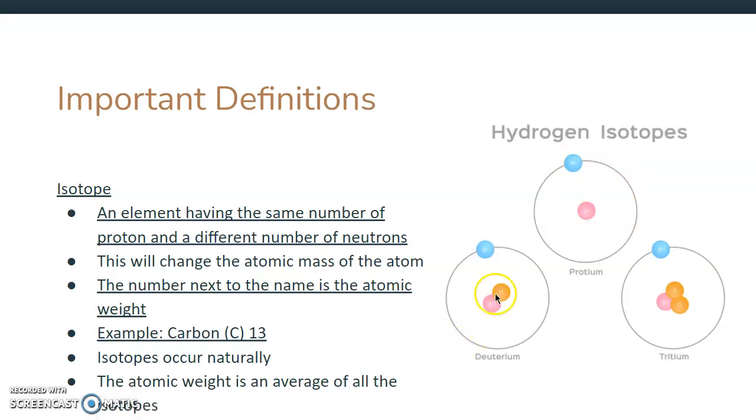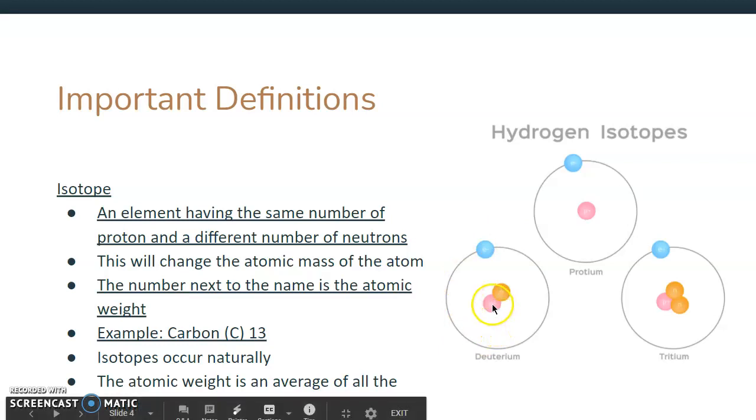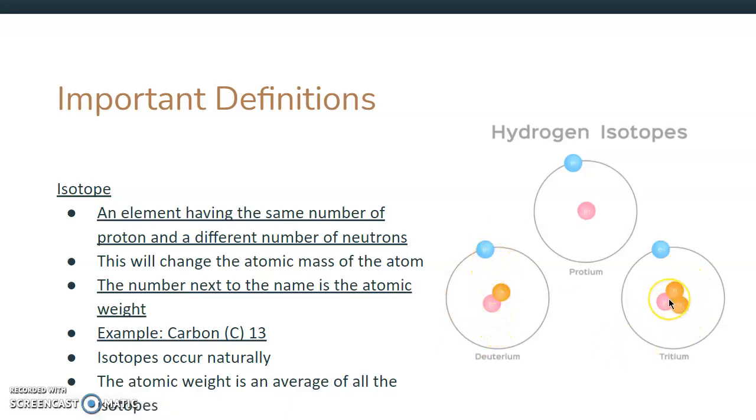Now we have one proton, one electron, and one neutron. So our atomic weight is now 2, and we still have a neutral charge because we have just as many positives and negatives. This time we have one proton, one electron, but 2 neutrons. So this one is even heavier than our first example.